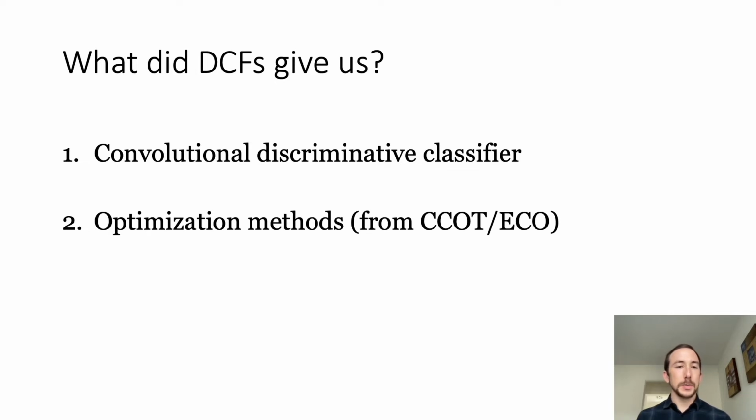The second is the optimization method itself. In fact, the optimization method I presented in ATOM is heavily inspired from CCOT and ECO, where we also used conjugate gradient. The key difference here was that we could implement a completely generic algorithm using differentiable programming that is given to us in frameworks like PyTorch and TensorFlow.